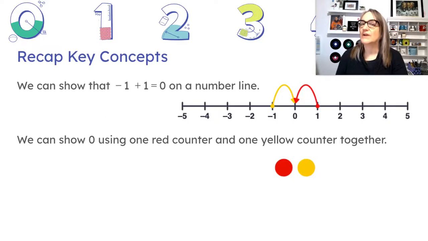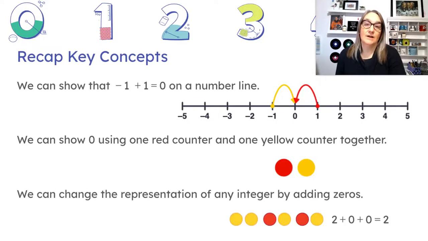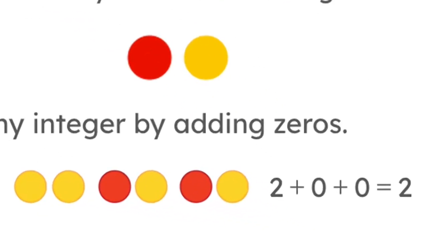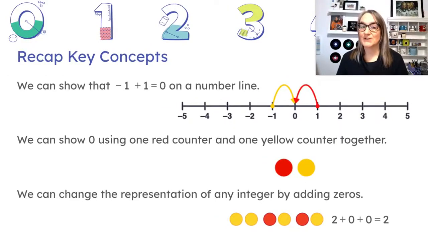We also learned that we can show any integer in a lot of different ways using zero pairs. So we can show that with counters, like in the picture down there, but also in an equation by just adding 0 to any number. Now, look closely at this bottom example here, because I'm going to give you a question in a moment where you'll take a picture similar to this and write an equation showing the number representation of the picture.